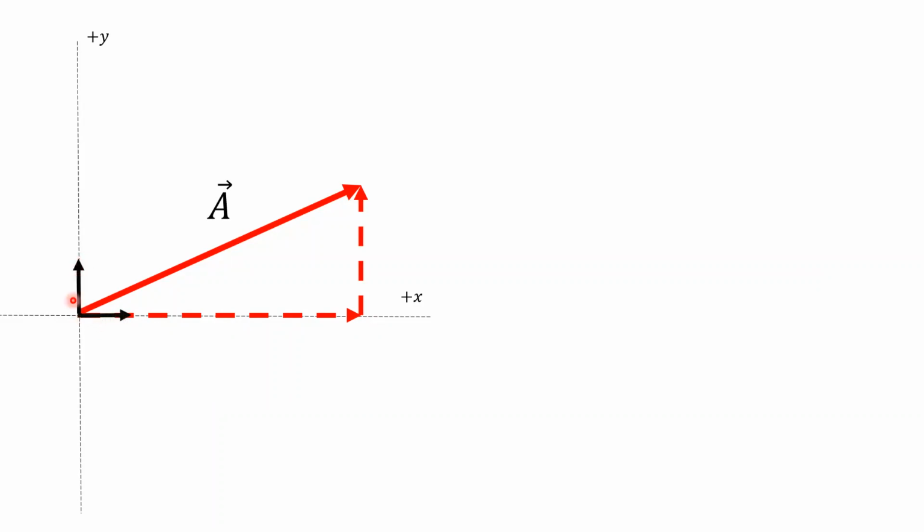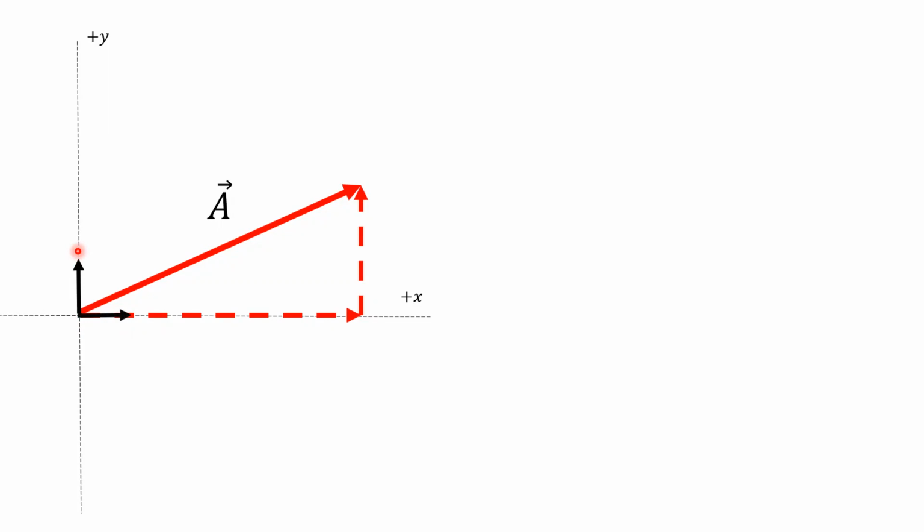So these two perpendicular or orthogonal basis vectors are each 1 unit long. And we've got one of them pointing parallel to the positive x-axis, one points parallel to the positive y-axis, and we've got some special names for these basis vectors. I'll elaborate on the word basis in a moment.